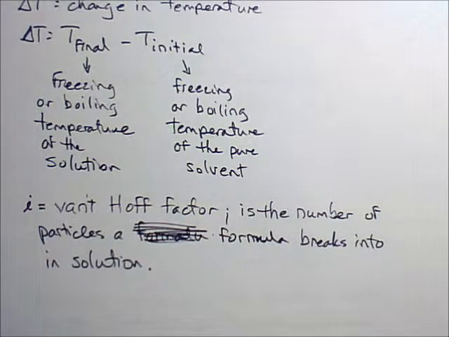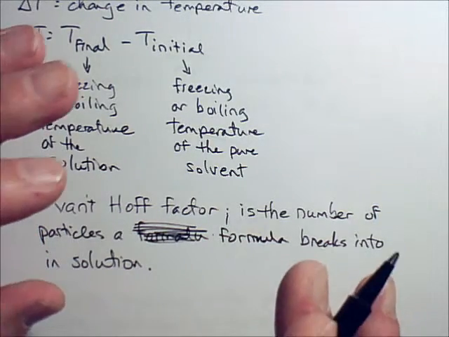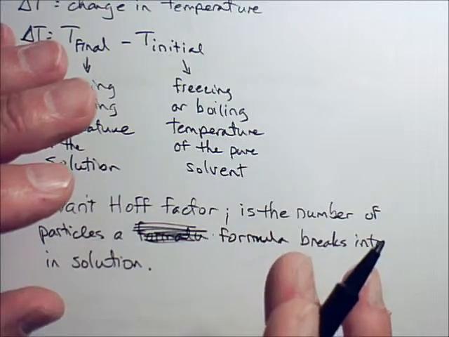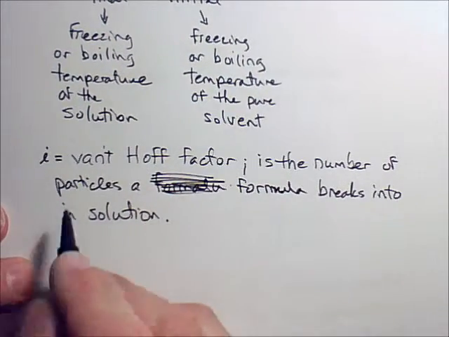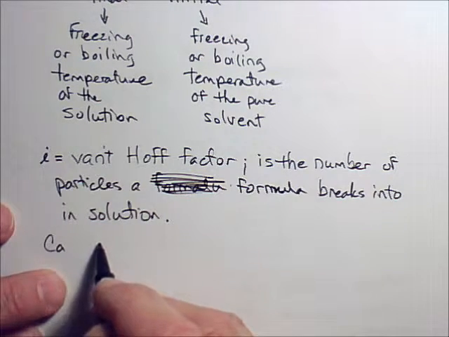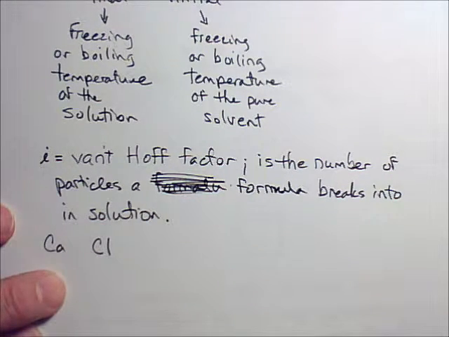So it has to break up. Remember when we were writing complete and net ionic equations? We had to break up ionic and acidic formulas. When we first started writing formulas, back in Unit 3, we would take ionic symbols like calcium and chlorine.